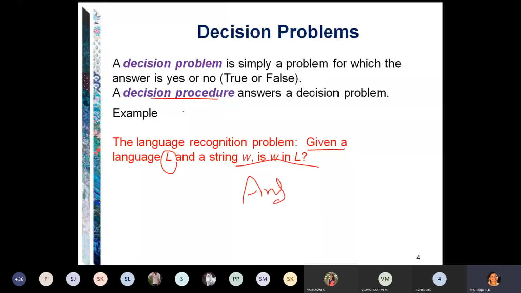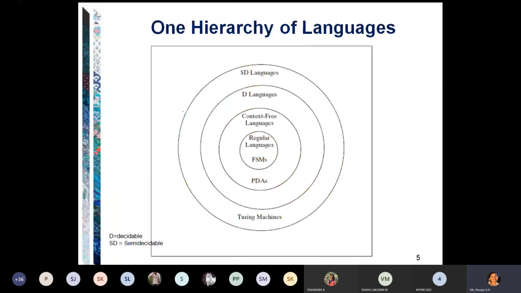Now, very important in this chapter, very, very important, and frequently asked in the question paper: the hierarchy of languages. There are different sets of languages starting from regular languages, then context-free languages, then decidable, then semi-decidable, and finally undecidable, which is not mentioned here.